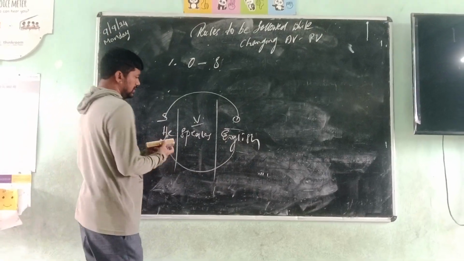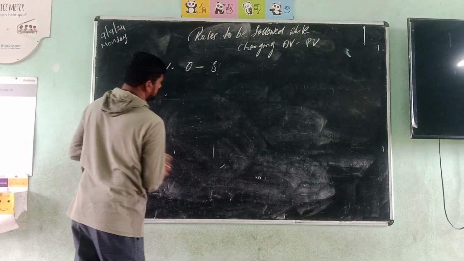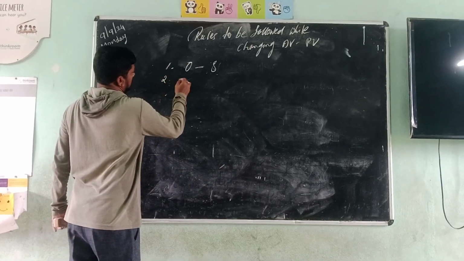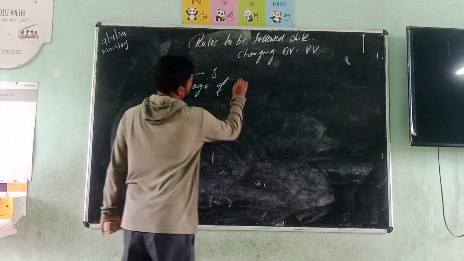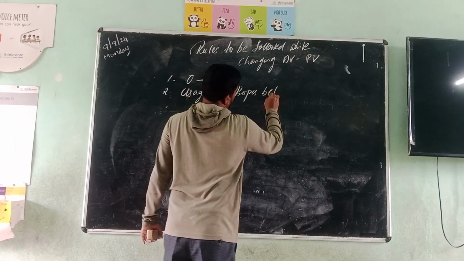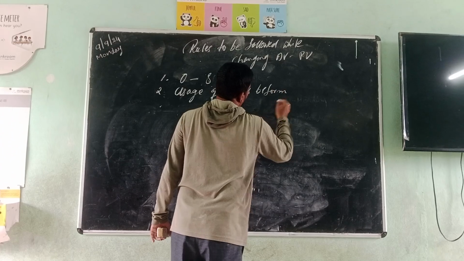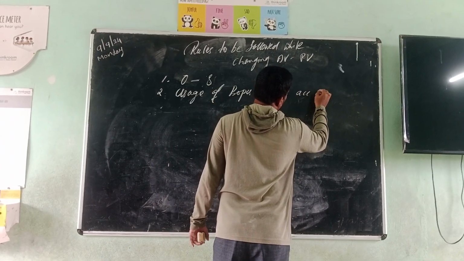Okay now. What is the second rule? Second rule: usage of the proper V form according to the tense.